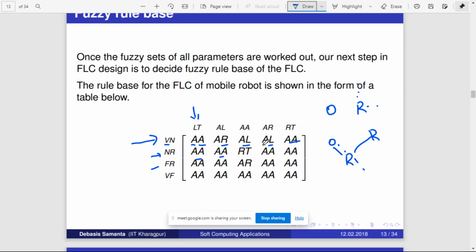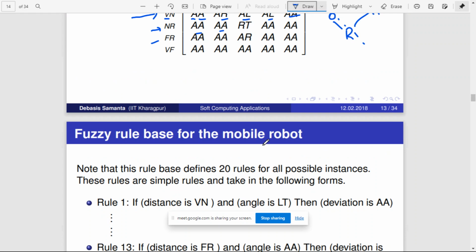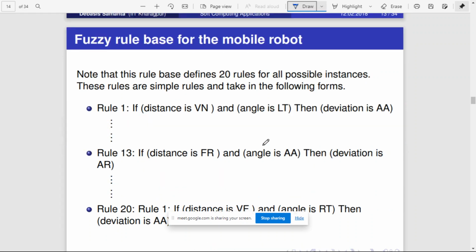These 20 rules you can write down like this, so the system can understand there are 20 rules. The first rule says, if distance is Vn and angle is Lt, then deviation is AA. That is, the robot should deviate like this, because this represents the distance between robot and object.